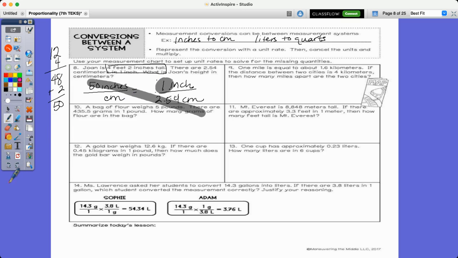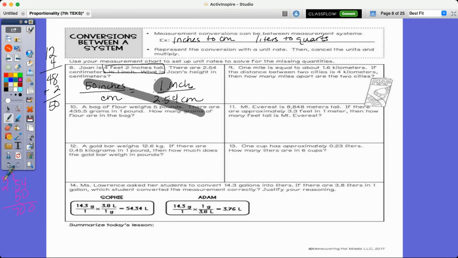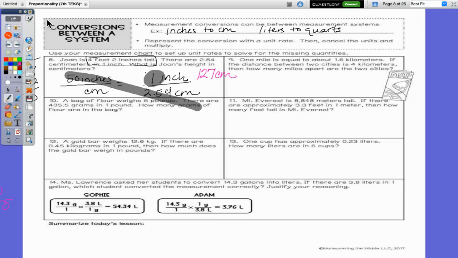So I have 50 times 2.54. I put my 0, 0, 2, 27, carry my 2, and I have 2 decimal places. So there are 127 centimeters in 50 inches.